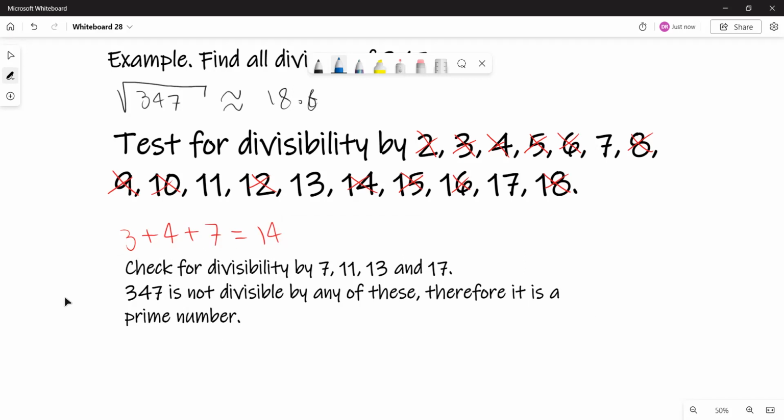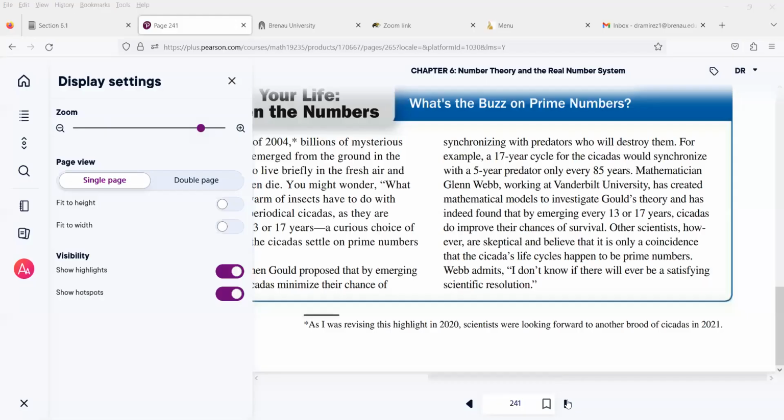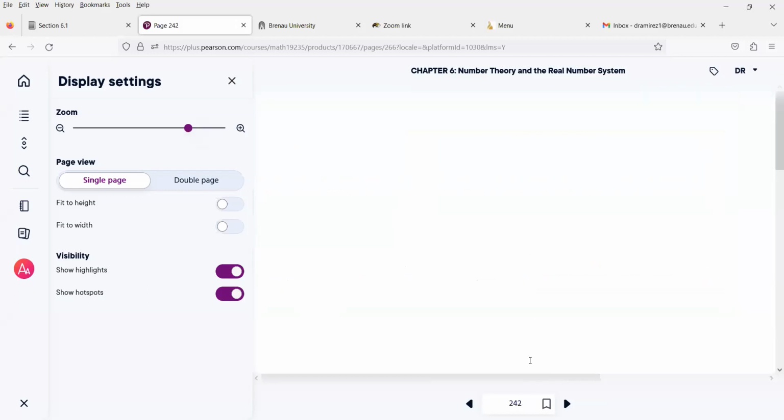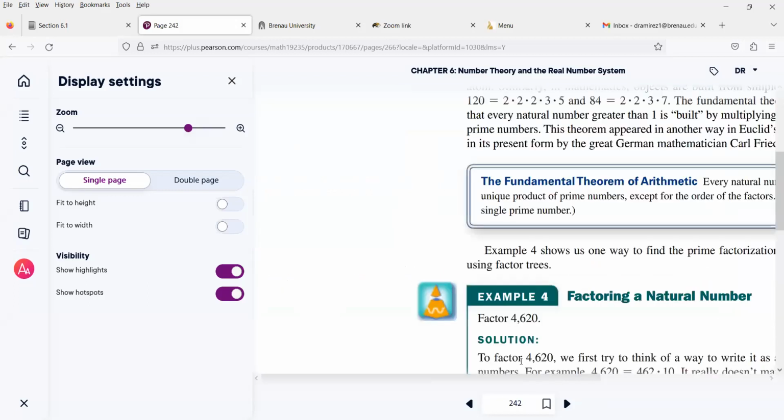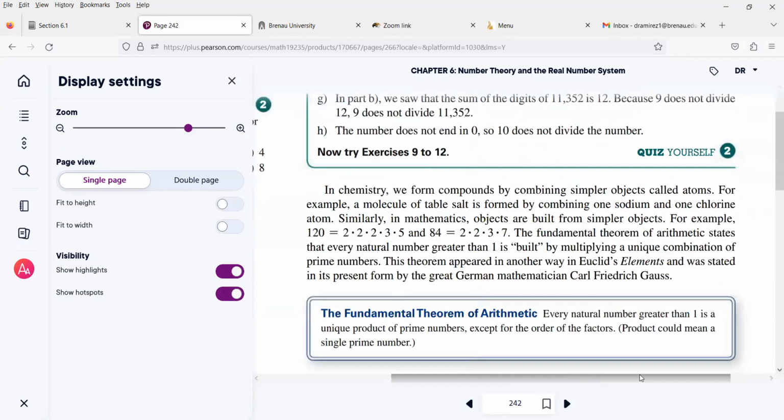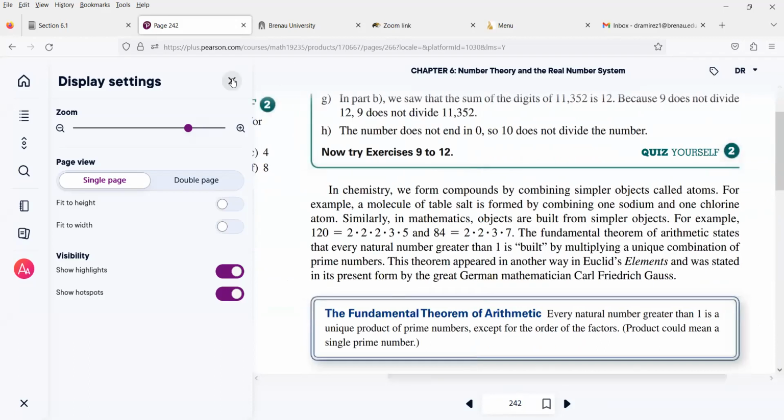And the last thing I'm going to do is prime number decomposition. So I'm going to mention the fundamental theorem of arithmetic.